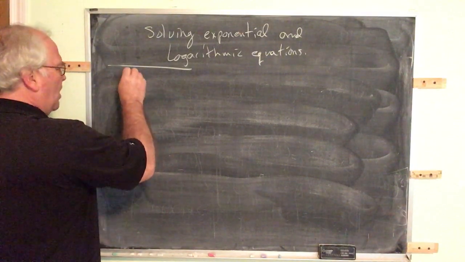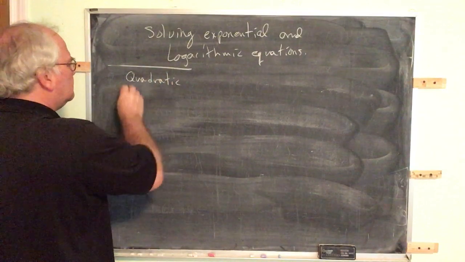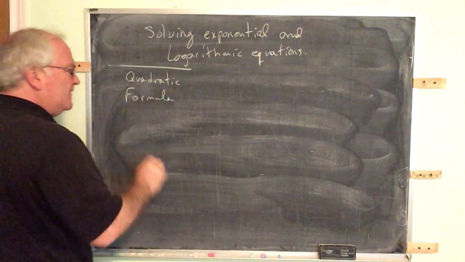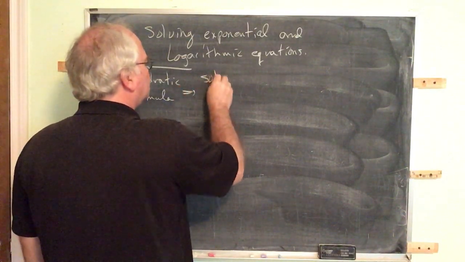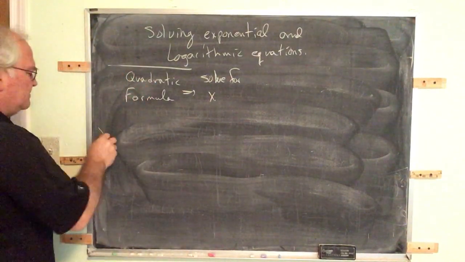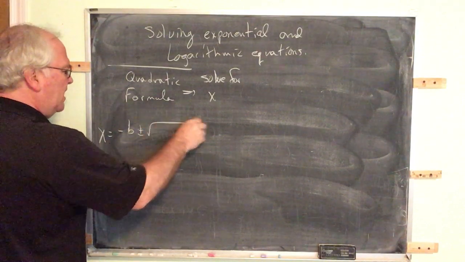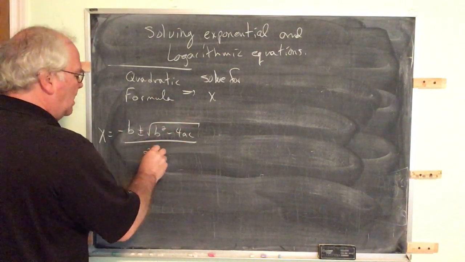I want to talk about the quadratic formula. But what will very often occur is something like this. You want to solve for x. Now we know the quadratic formula: x is equal to negative b plus or minus the square root of b squared minus 4ac, all over 2a.